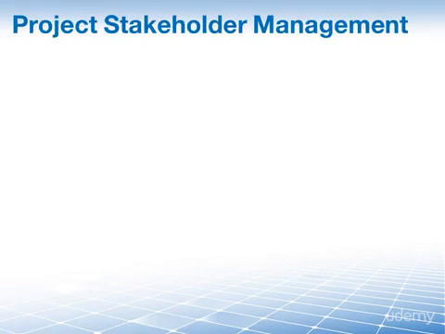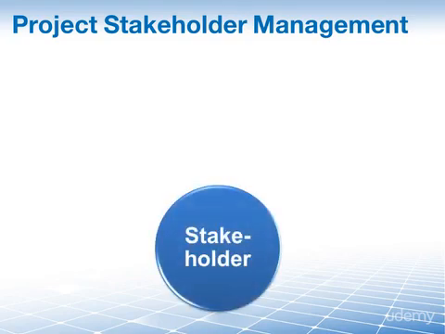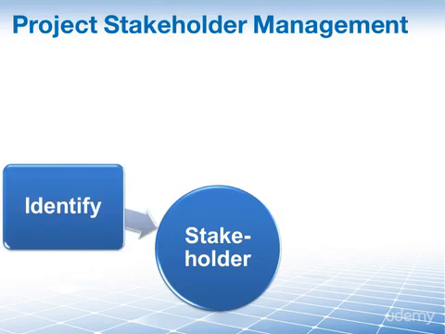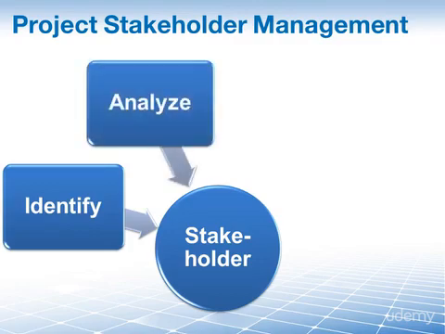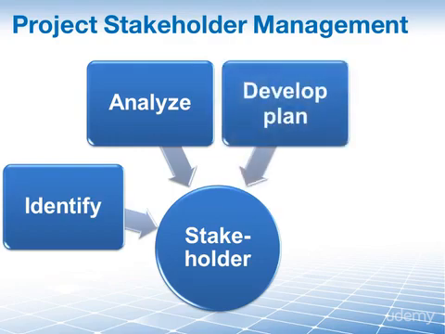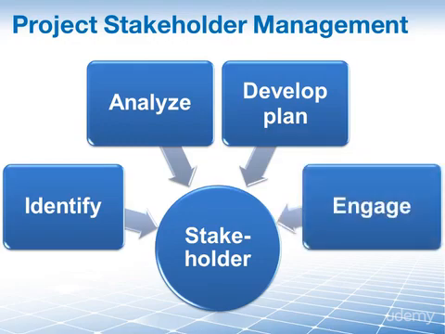The official definition of project stakeholder management from the PMBOK Guide is similar to what you have already heard me say. It says that project stakeholder management includes the processes that are required to identify the people, groups, or organizations that could impact or be impacted by the project, to analyze stakeholder expectations and their impact on the project, and to develop appropriate project management strategies for effectively engaging stakeholders in project decisions and execution.